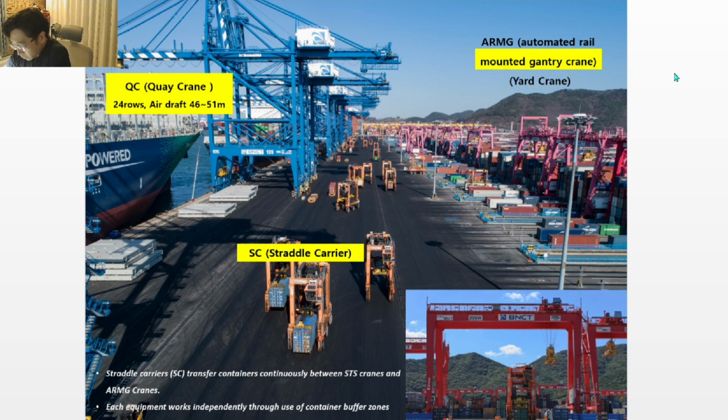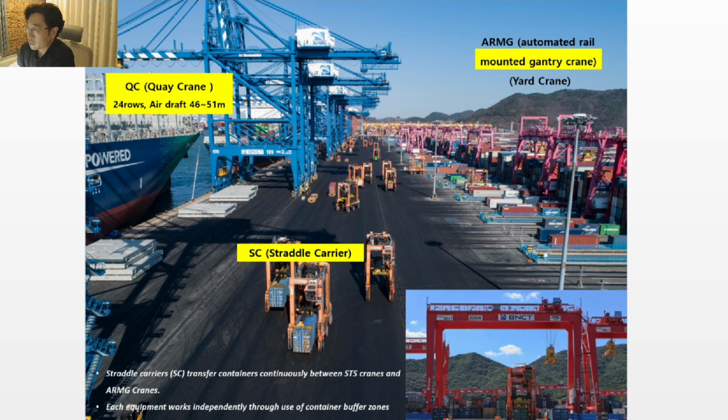One is the rubber-tire based yard crane that we call RTG, rubber tired gantry crane. And when it's rail mounted, we call it RMG. But as I said before, in the Newport area, all yard cranes are automated, right?